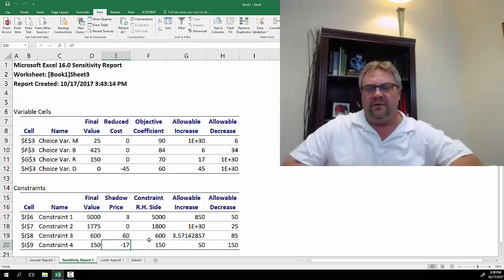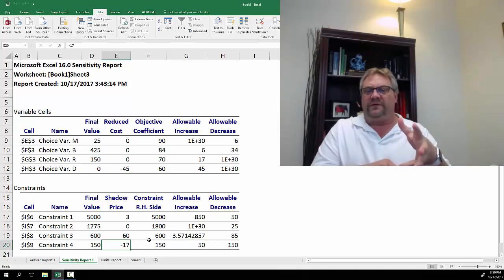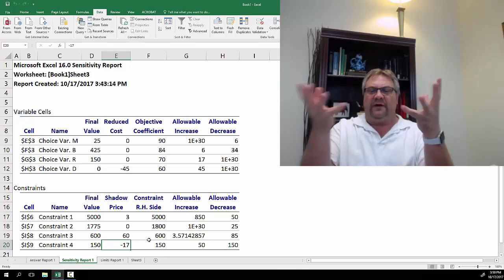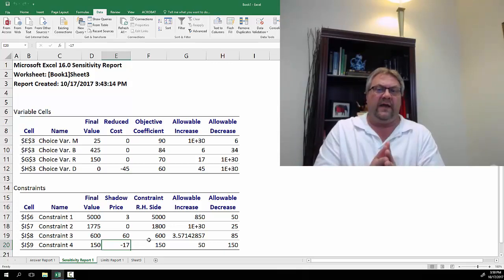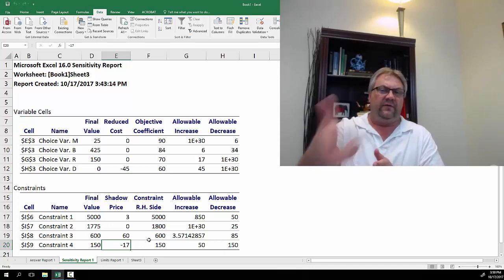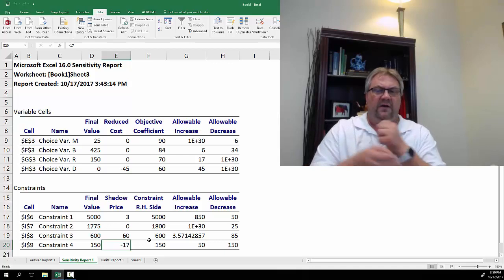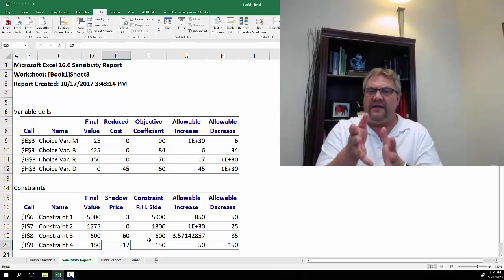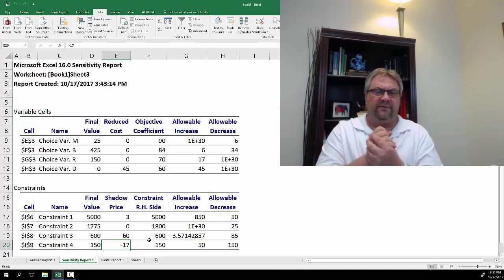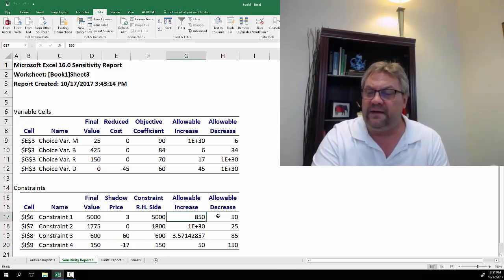The idea here is in those other two videos, all the reduced costs were positive, all the shadow prices were positive. Well, they don't have to be, right? And it's okay. Do not freak out if you see some negatives in the reduced cost or negatives in the shadow prices. With these more complex problems, you may get some negative numbers, and that's absolutely fine, all right? Okay, so with all that said, everything else is the same.